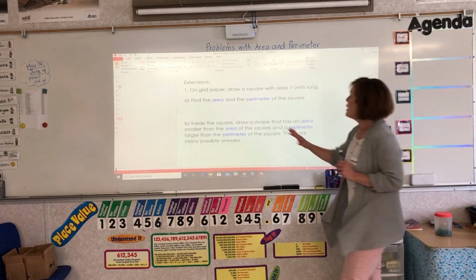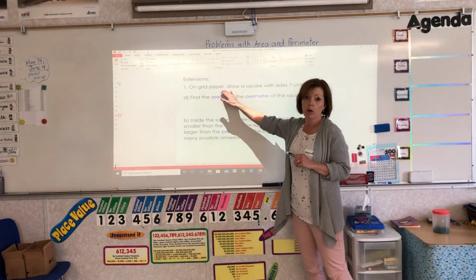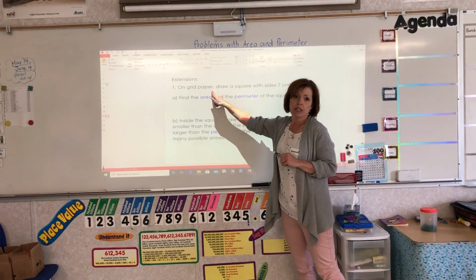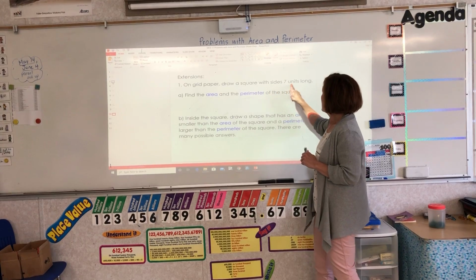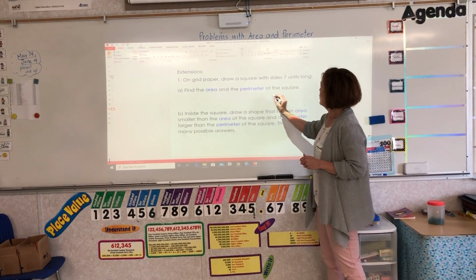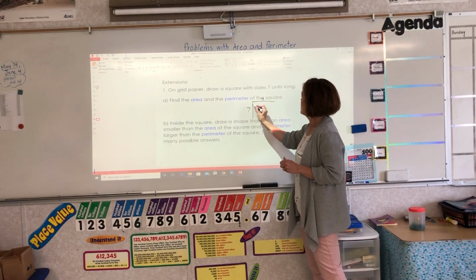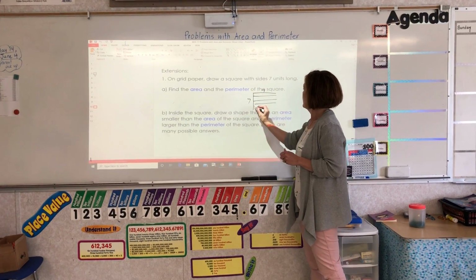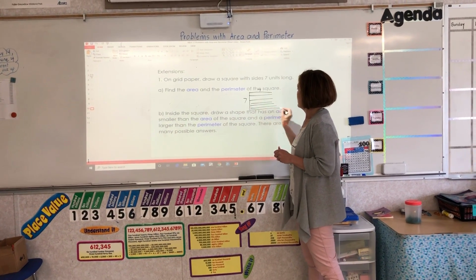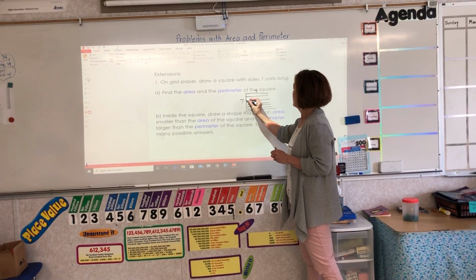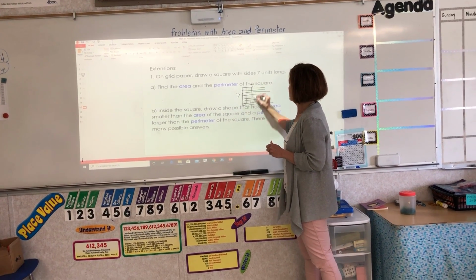All right, so you might get some questions like this today in your workbook. On grid paper, which is in your notebook, draw a square with sides 7 units long. So you'll use your grid to do 7 by 7, and it'll look on your grid way better than the way I'm drawing it, hopefully. 1, 2, 3, 4, 5, 6, 7, and 7 across.